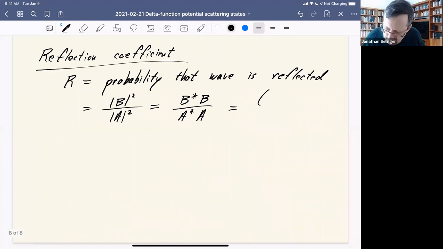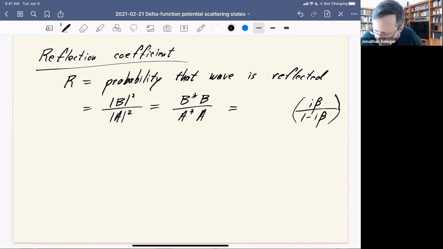So B over A is i beta over (1 minus i beta). That's B over A. And B star over A star is the complex conjugate of that thing. All right, so it's negative i beta over (1 plus i beta).